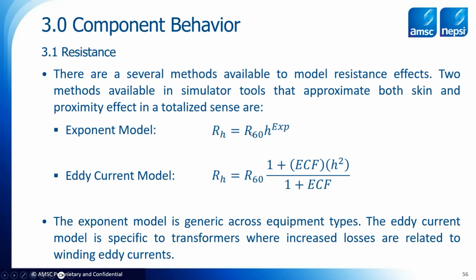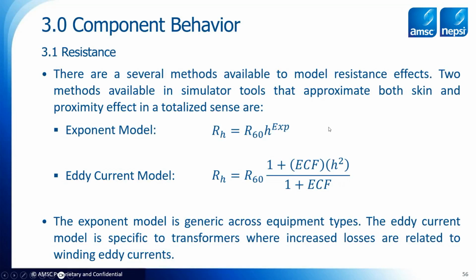And what it'll do is it'll increase the resistance at each harmonic according to whatever relationship you picked here. The most common one, by the way, the exponent is 0.5, which for an ideal transmission line hanging in space, in Terman's Radio Engineer's Handbook, you can find out that it's square root of frequency. That resistance in the conductor increases by square root of frequency, so EXP would be 0.5.